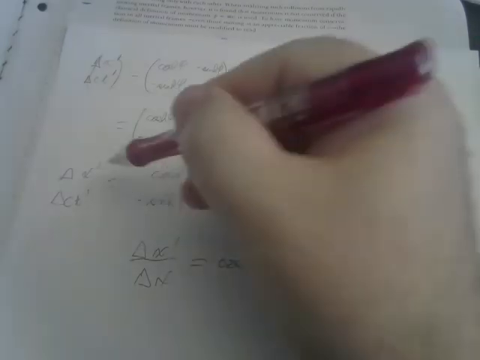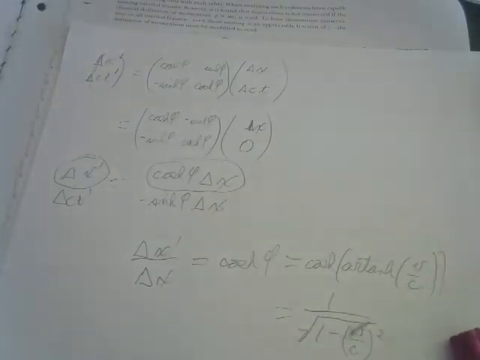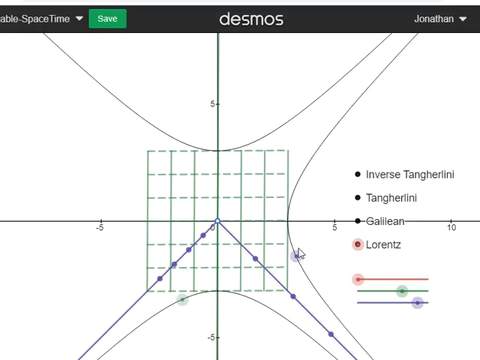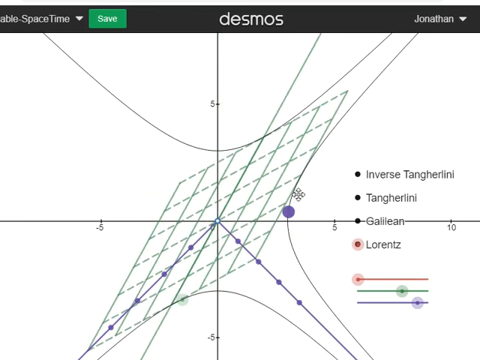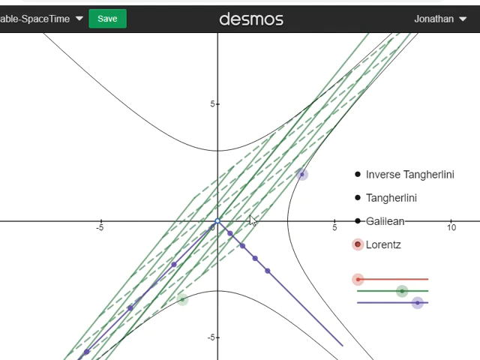But once again, we're only looking at this for the Lorentz contraction. So that means we're only looking at a comparison between where these lines intersect the x-axis here and where the same lines intersect the x-axis here.